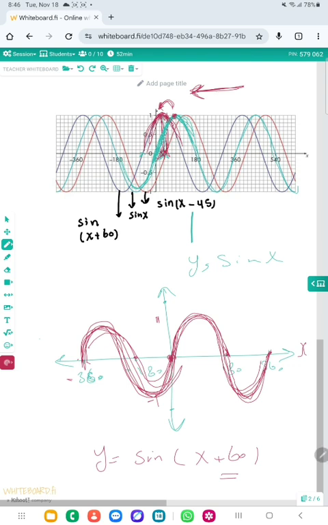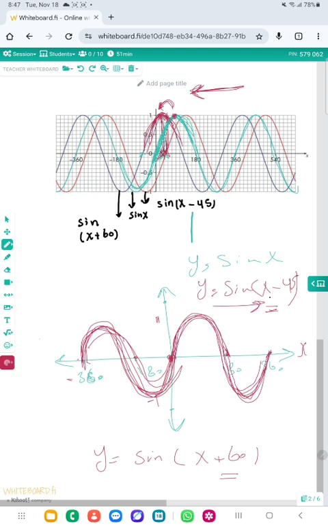Okay, what about x minus 45? Our golden rule says that negative 45 inside the function means a shift to the right. I need to shift it to the right. How much? By 45 degrees.